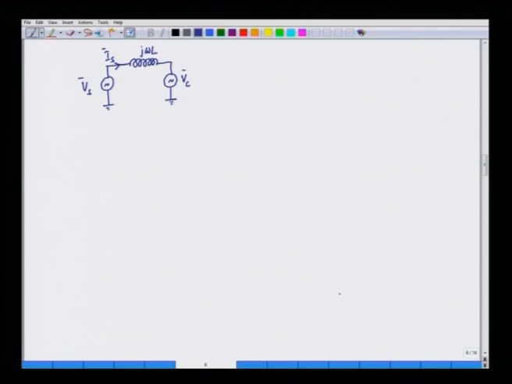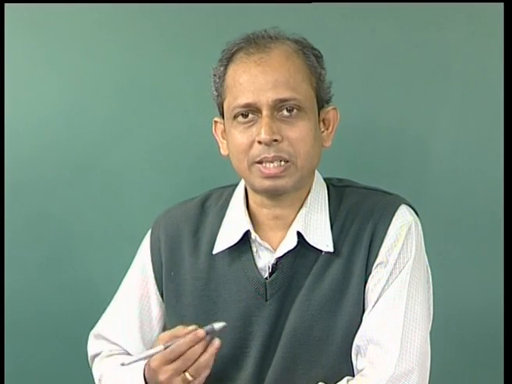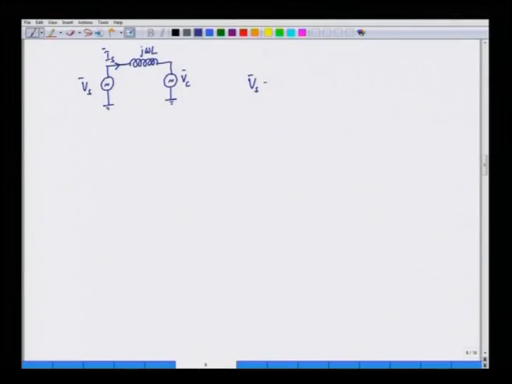We have replaced it by the phasor quantities, the source voltage, the reactance drop and the converter voltage. Now, if we write down the vector equation, it is Vs is equal to j omega L into Is plus Vc.